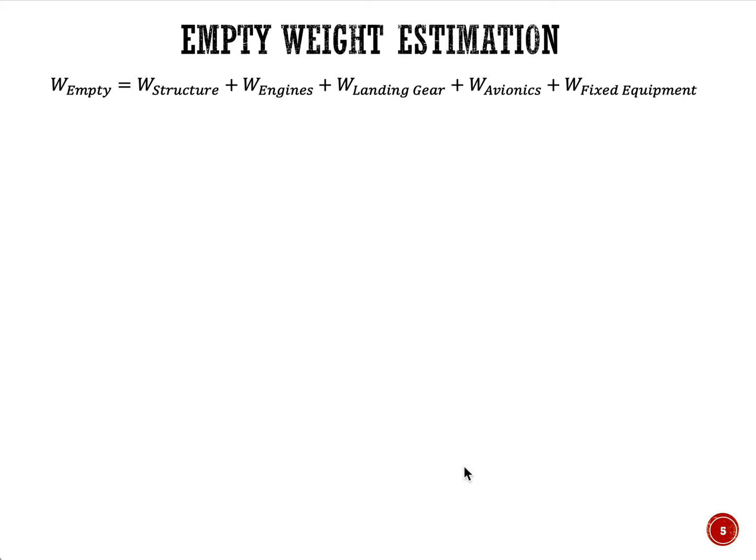All right. So a little bit about the empty weight estimation. Empty weight is a combination of all the weights except fuel and payload, right? So you've got the structure weight, the engine weight, the landing gear, the avionics, and any fixed equipment. So this is one of the reasons why I wanted you to do a system level breakdown of what systems you need for the aircraft to satisfy the mission, so that you can account for those as well, right?